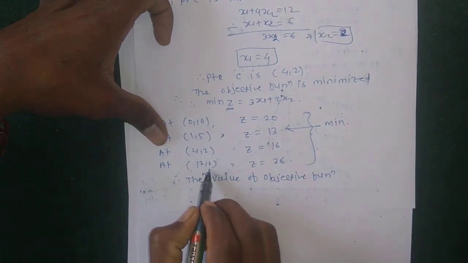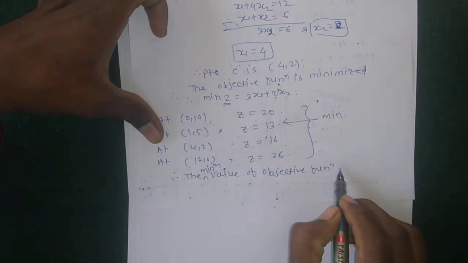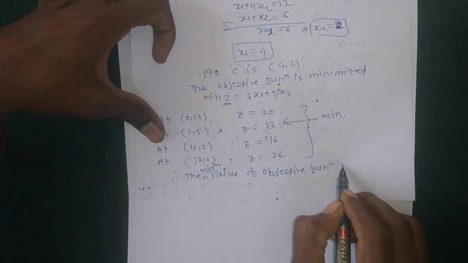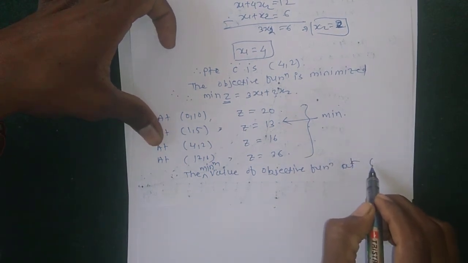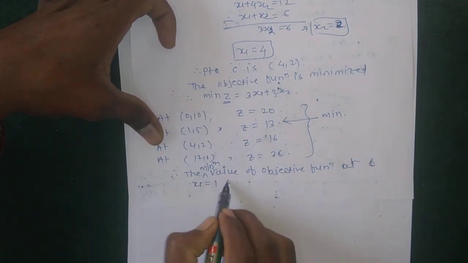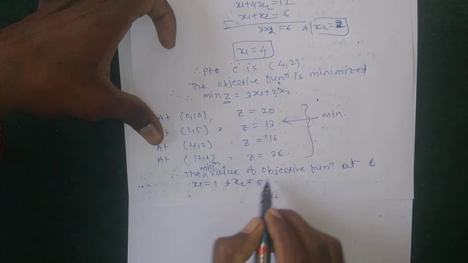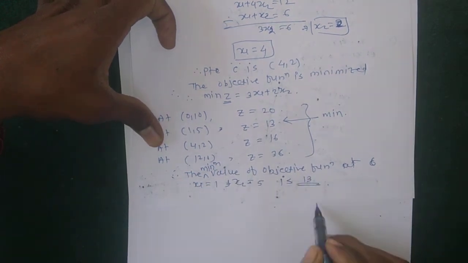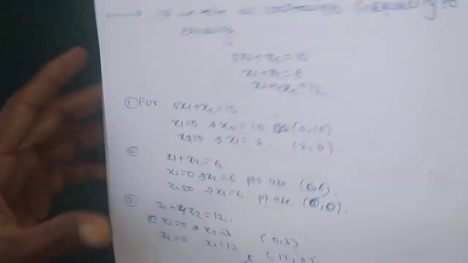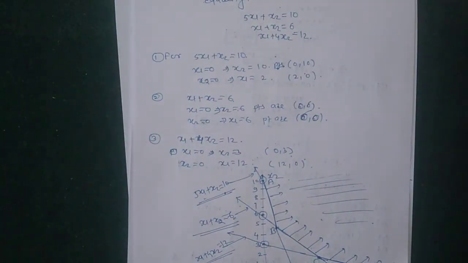The minimum value of the objective function is at x1 equal to 1 and x2 equal to 5, and its value is 30. Okay, this is our solution in this example.